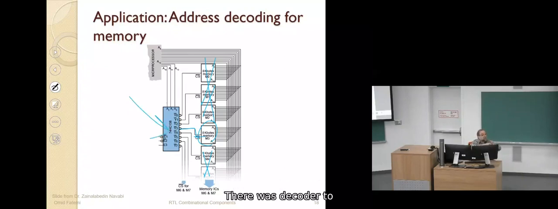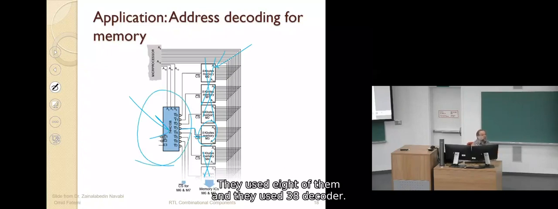There was a decoder to select among the memories, because at that time the memories were 8K and they wanted to build a 64K memory computer, so they used 8 of them and a 3 to 8 decoder.